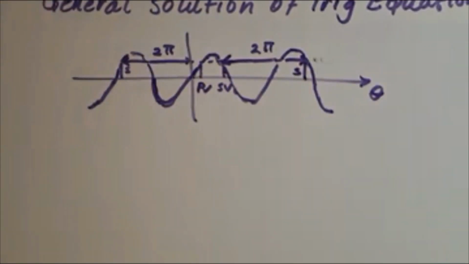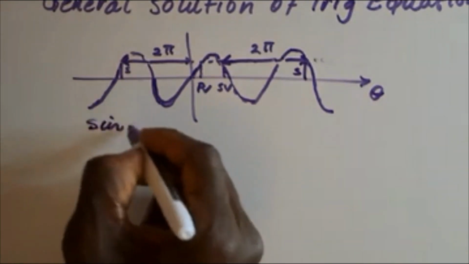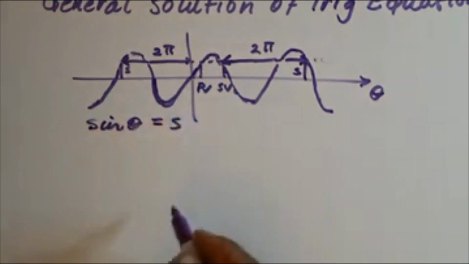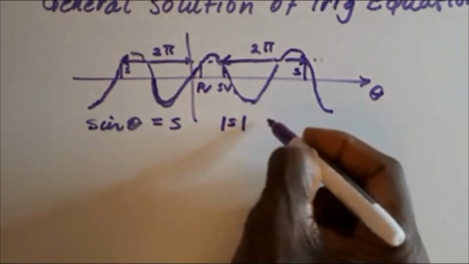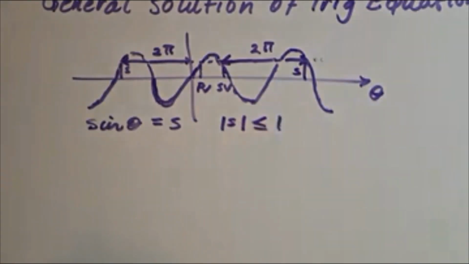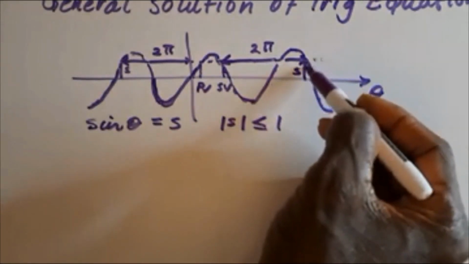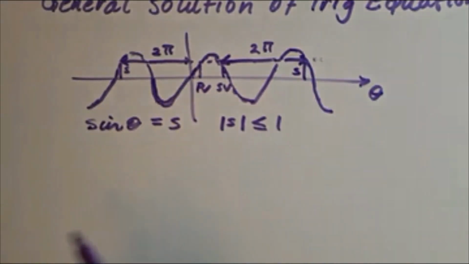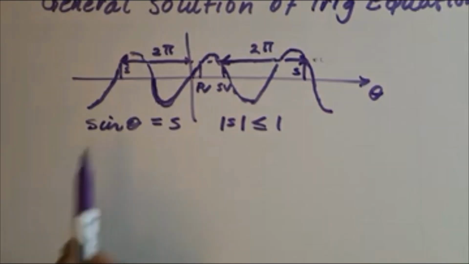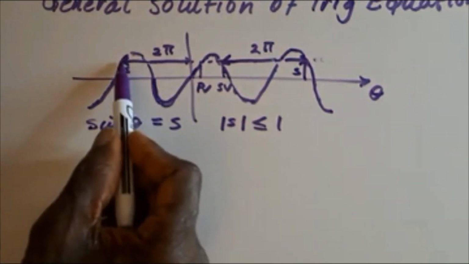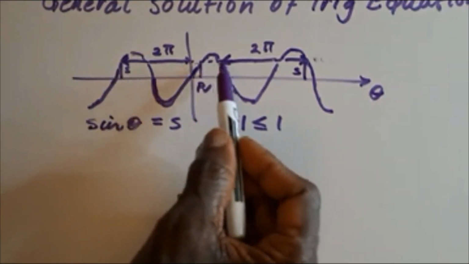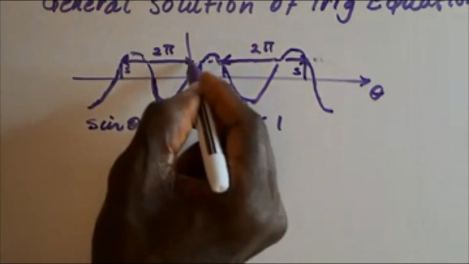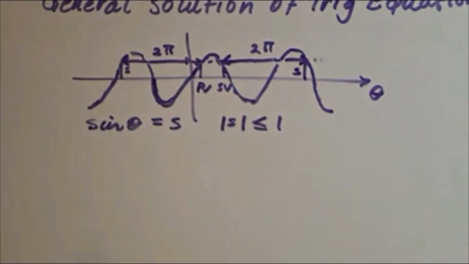Now let's look at the sine wave. So we have that sine theta is equal to s, where the modulus of s is less than or equal to 1. S is just this measurement here on the graph. Now, for the sine wave, the period is 2 pi. So any corresponding point on the wave to another corresponding point on the wave is a period of 2 pi.